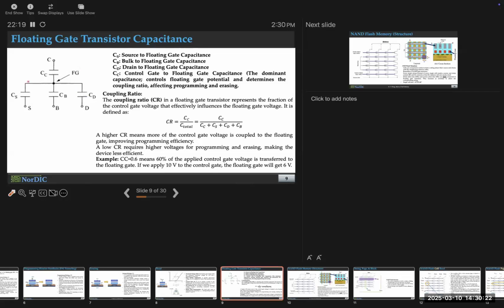If you look at the capacitive channel, this is how it looks. To program the flash memory, you have to make sure you have sufficient voltage showing up at the floating gate, because that's where all the action occurs. You don't care that much about the other gate. You want to make sure the floating gate has enough voltage. Hear me out.